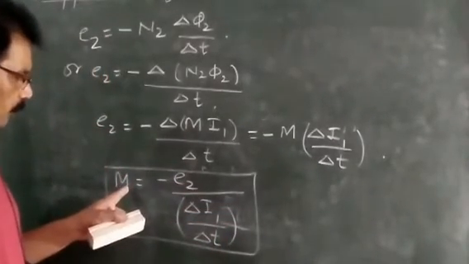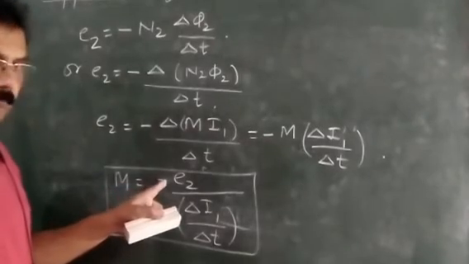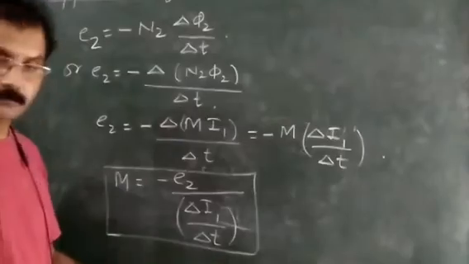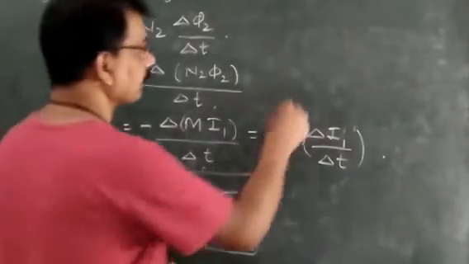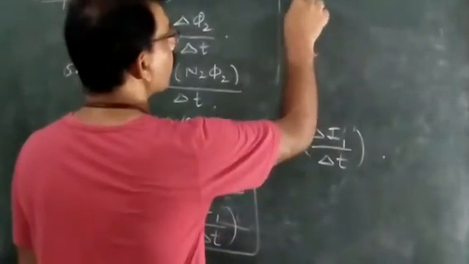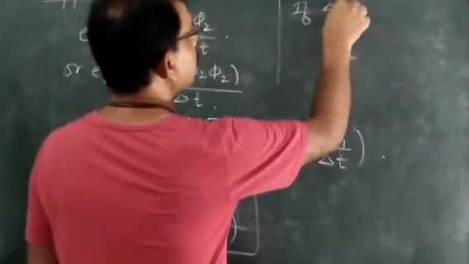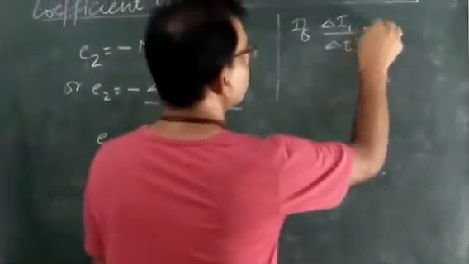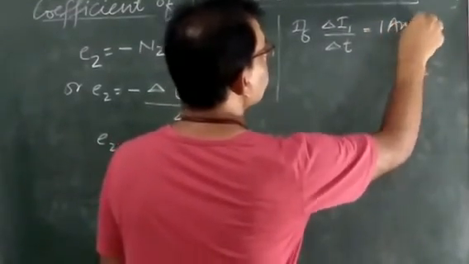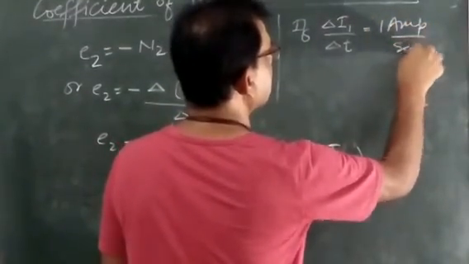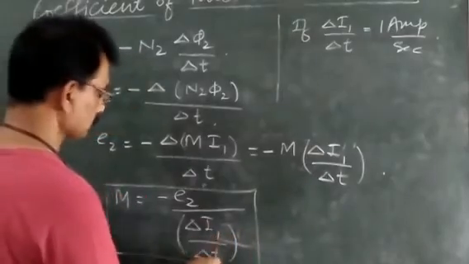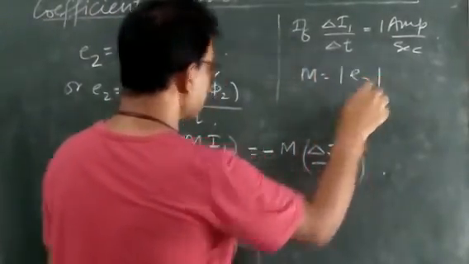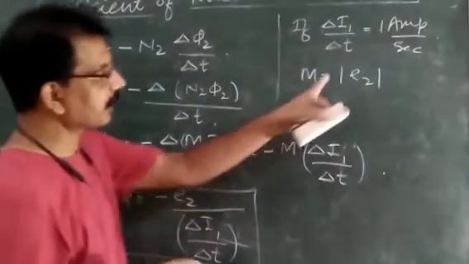So coefficient of mutual induction M is equal to minus E2 upon delta I1 upon delta T. And remember this, if delta I1 upon delta T is equal to 1 ampere per second, then M is numerically equal to E2.